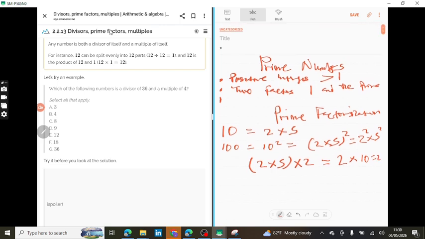Or you can also decide to use the other one. I'm going to show you what I mean by the other one. This is also true if you take the 2 to 4: 2 times 2, which is 4, times 5, is also equal to 20.